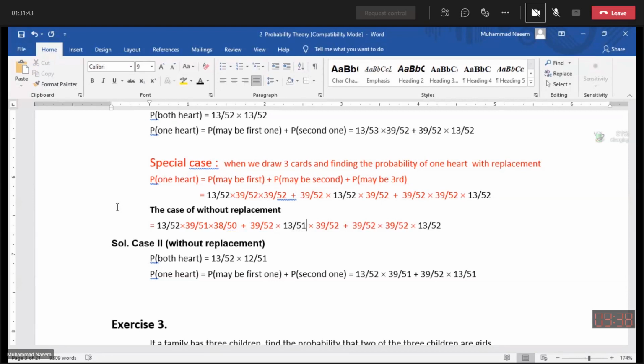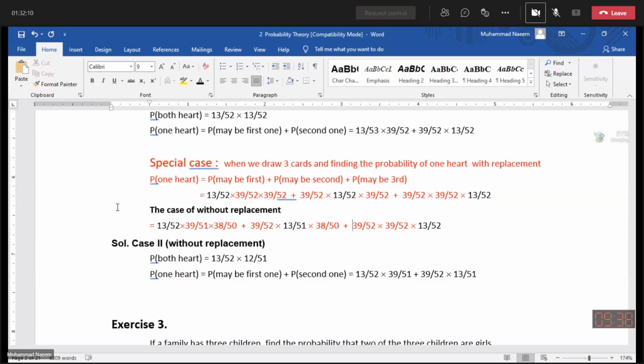This is the case of without replacement. Again, the third card is from the other category, as we have already drawn one from the other category. So for this, favorable cases as well as total possible cases are reduced.